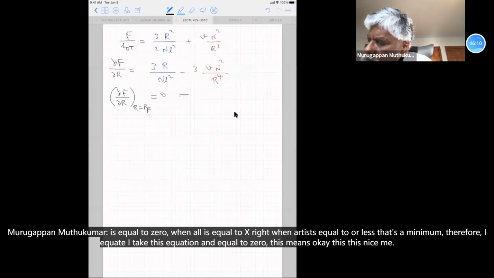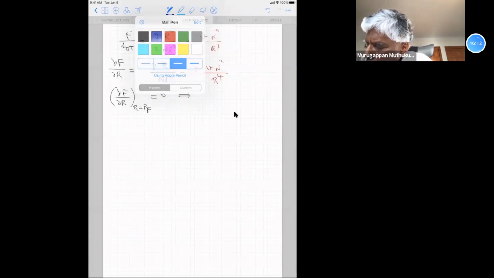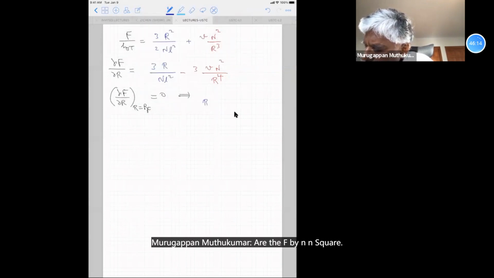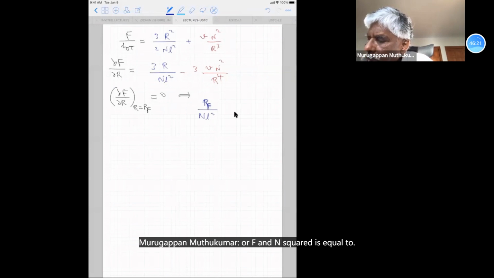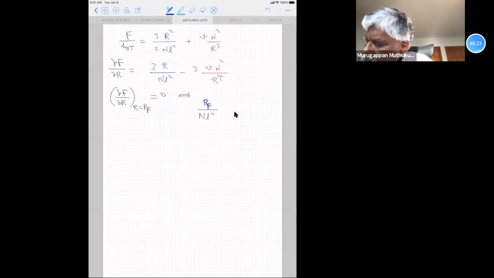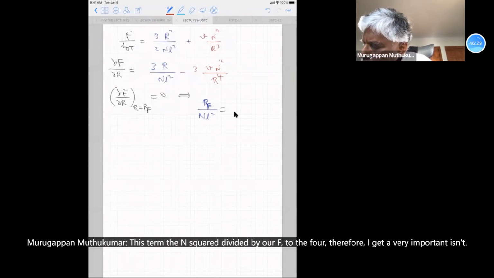This gives me rf by nl squared, or rf to the n squared is equal to this term vn squared divided by rf to the 4.